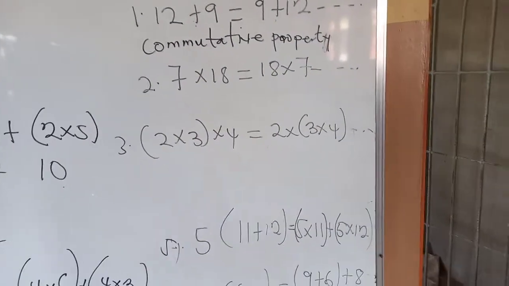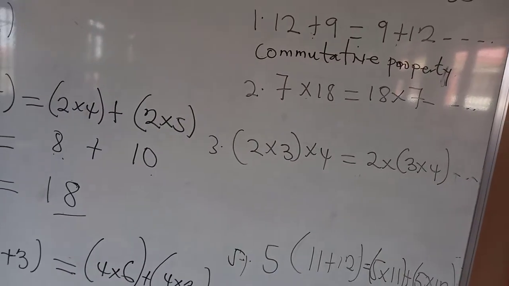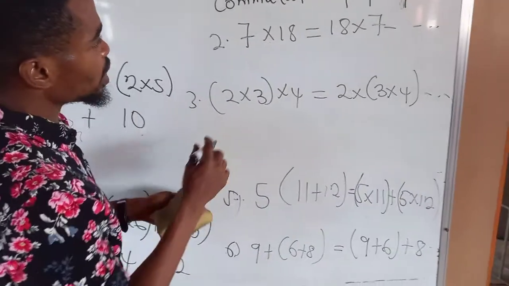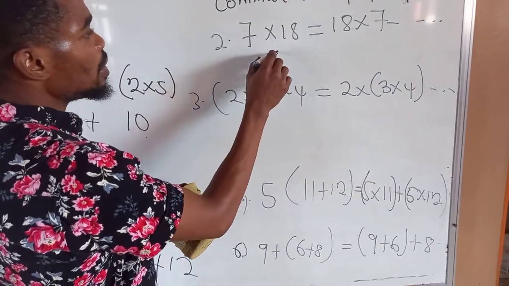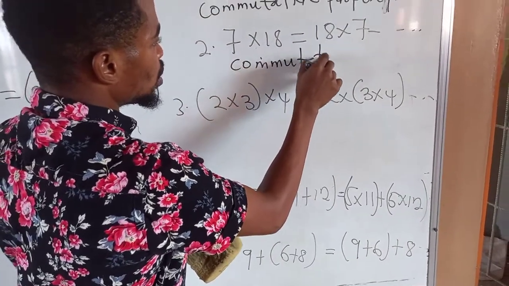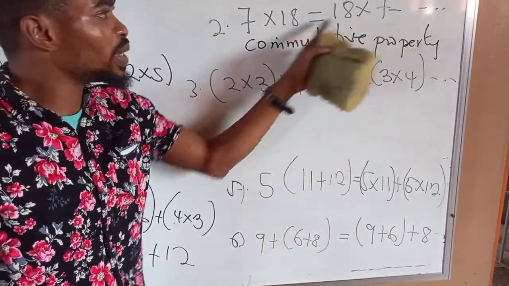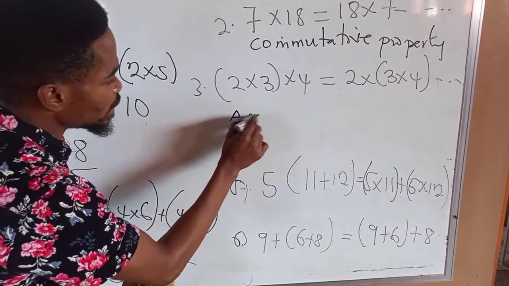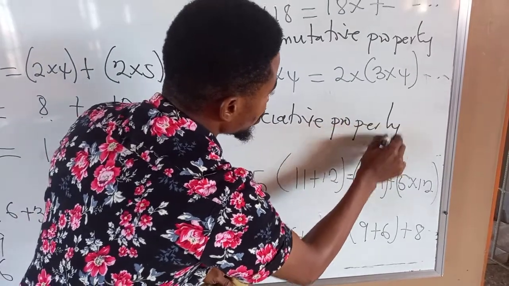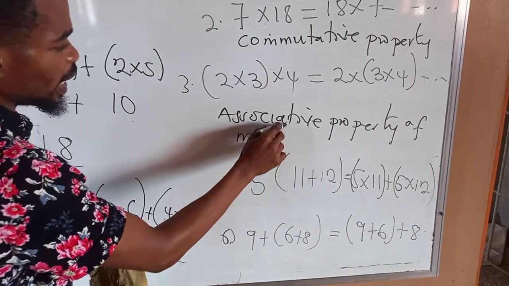Associative property of multiplication. This one is commutative property of multiplication. This one is associative property of multiplication.